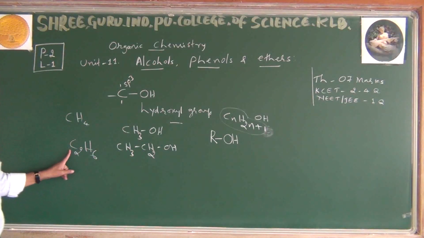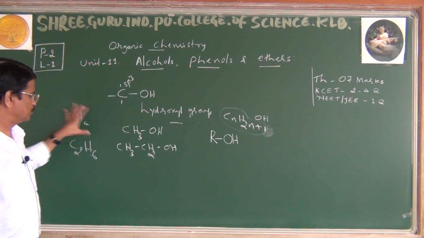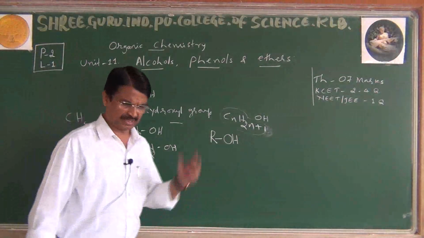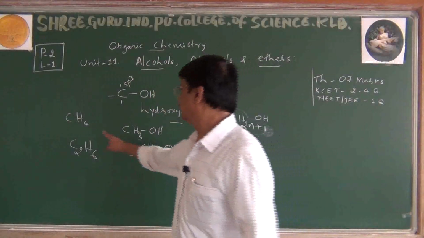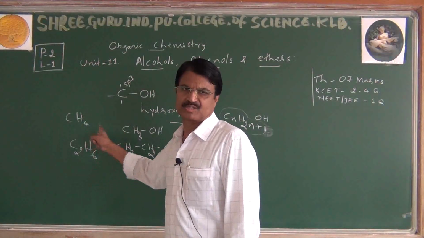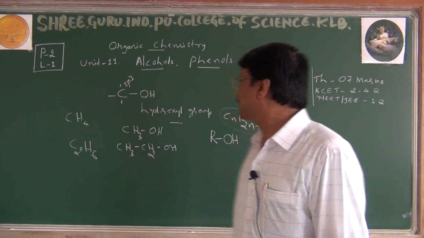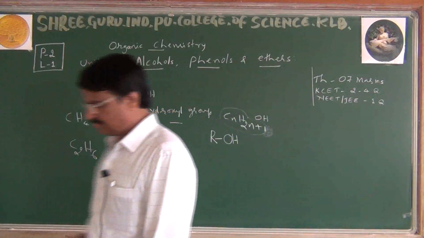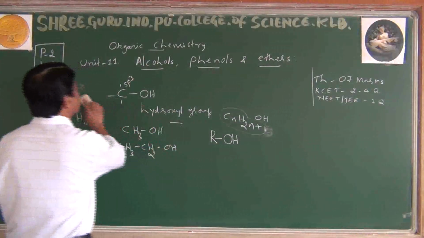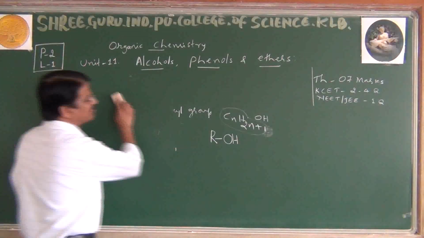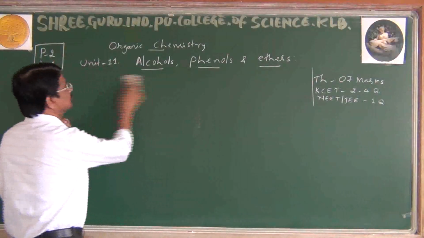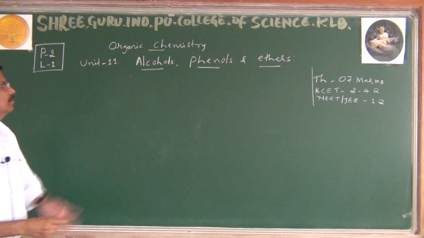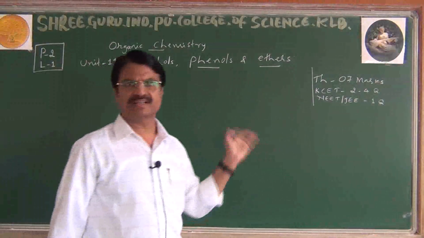And these are insoluble in water, but the alcohols are soluble in water. This means almost all properties are different compared to their corresponding hydrocarbons. Next, now we can study how to classify alcohols.